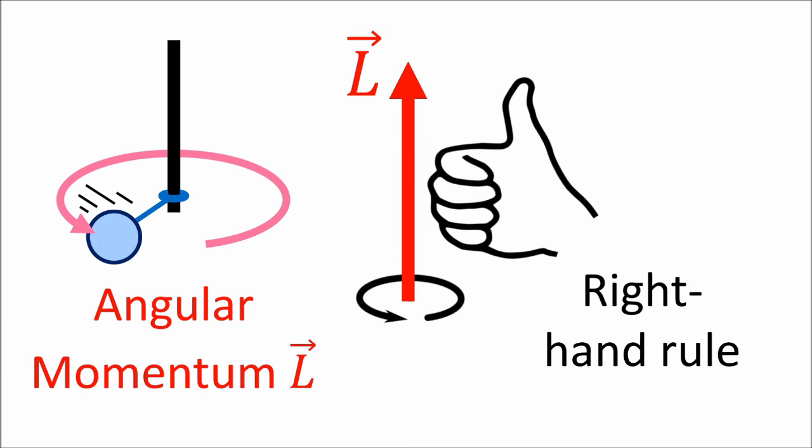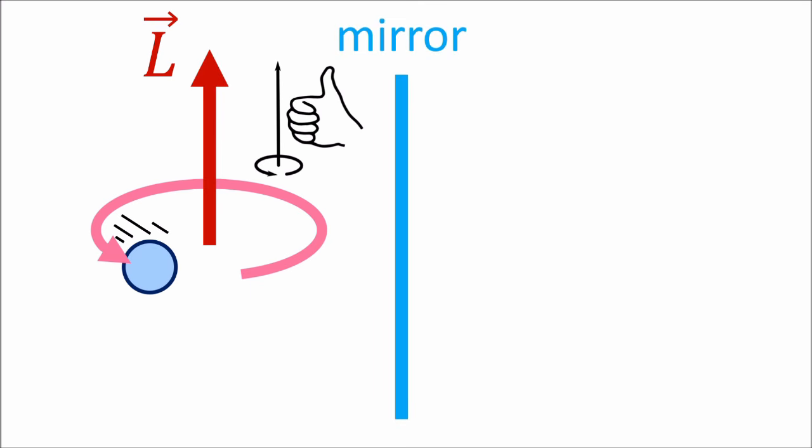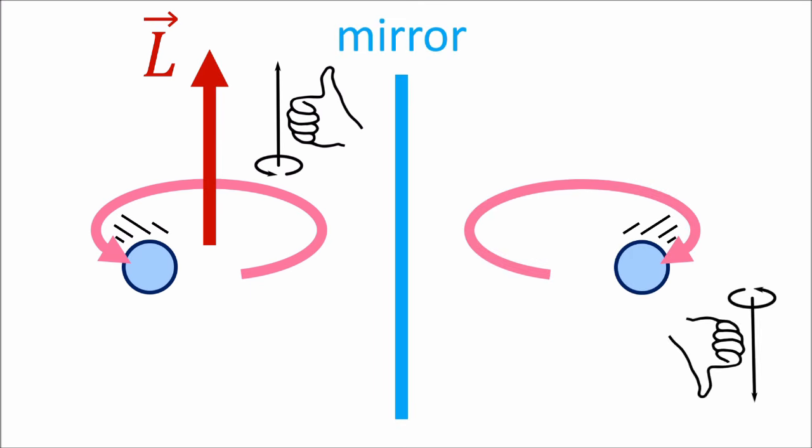Not only is this awkward, but it can lead to strange geometric results. For example, if we reflect a rotating object in a mirror, the angular momentum vector points in the opposite direction. This is a very strange behavior for a vector and indicates we might be doing something wrong.